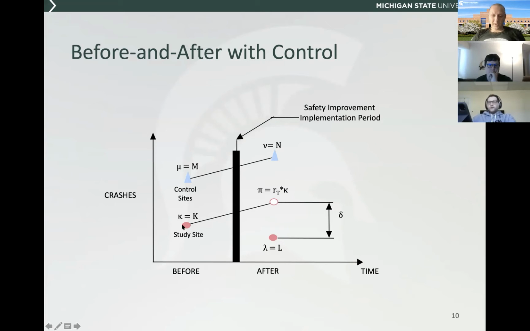And so all we're doing here is we're taking this initial estimate and we're scaling it up by whatever the slope of this line is, basically. Make sense? And so consequently, then delta in this case is simply the difference between these two quantities. And we can calculate theta as a ratio as we had previously as well by taking lambda over pi. Okay?